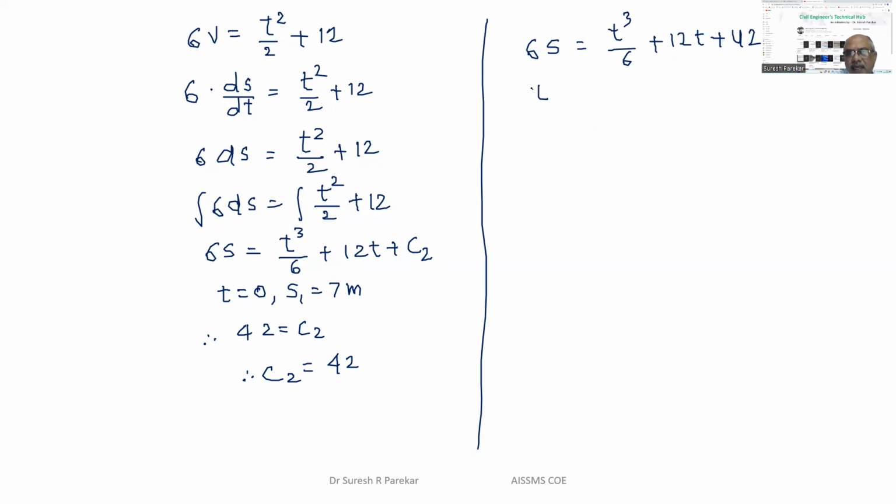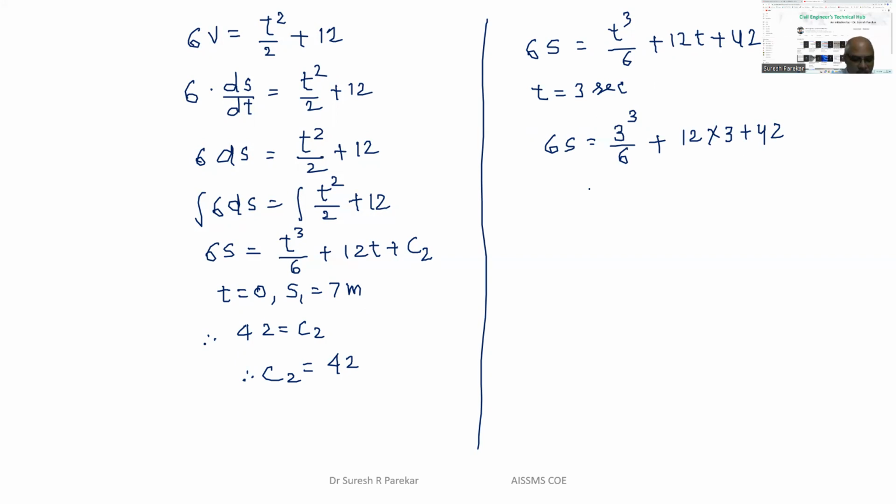Now put t equal to 3 seconds. Then we have 6s equal to 3 cube upon 6 plus 12 into 3 plus 42. And then if we solve this, we have the value of s.